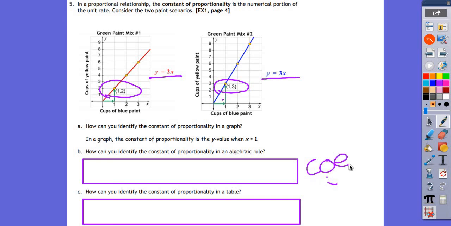How do you spell coefficient? The coefficient in the rule is what tells me the constant of proportionality. That is 5B.